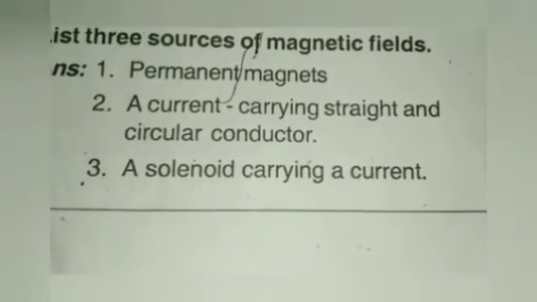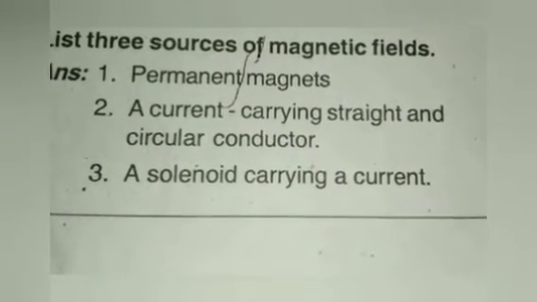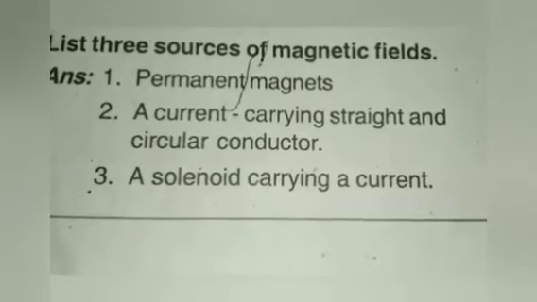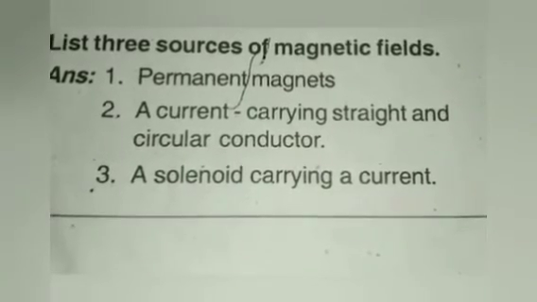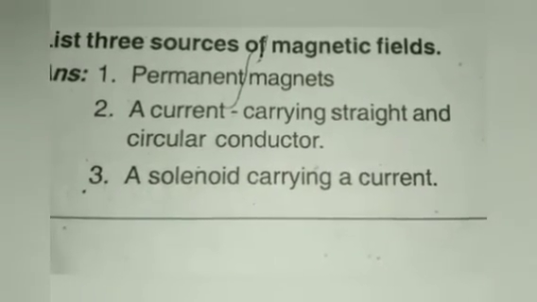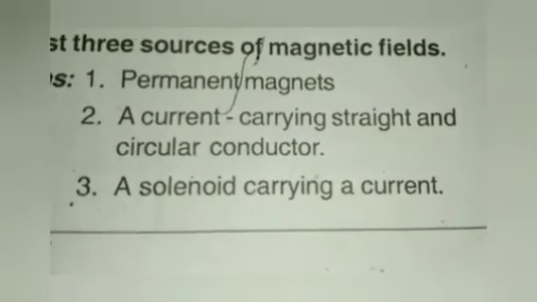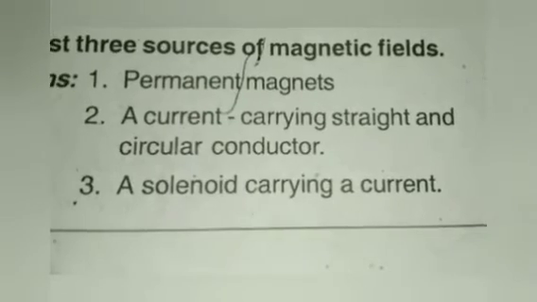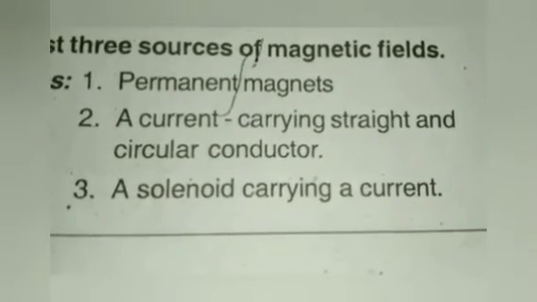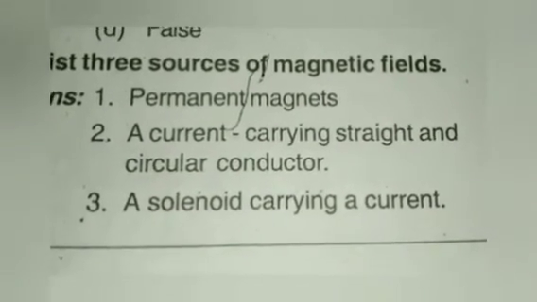Next question. List 3 sources of magnetic fields. Answer. Number 1. Permanent magnets. Number 2. A current carrying straight and circular conductor. Number 3. A solenoid carrying a current.